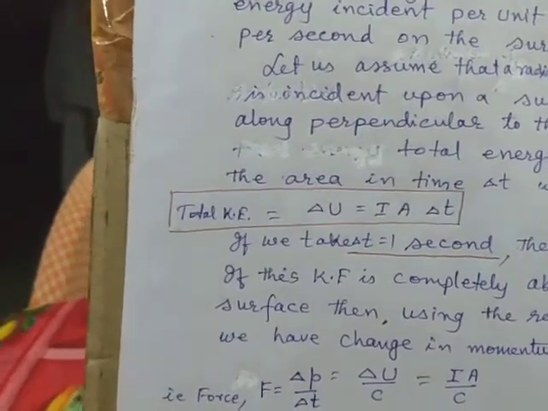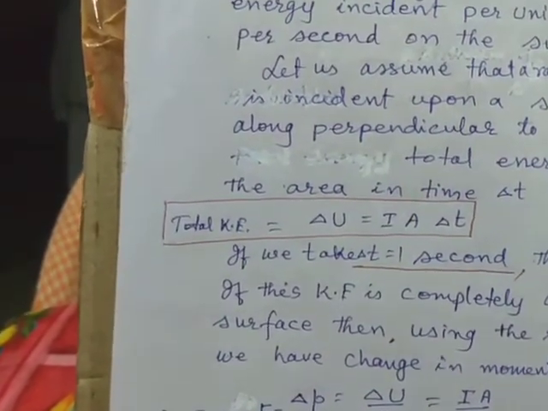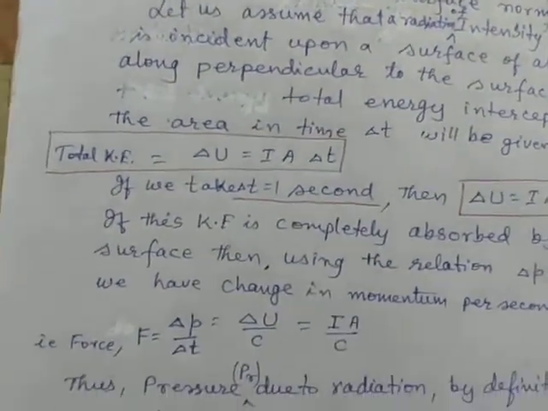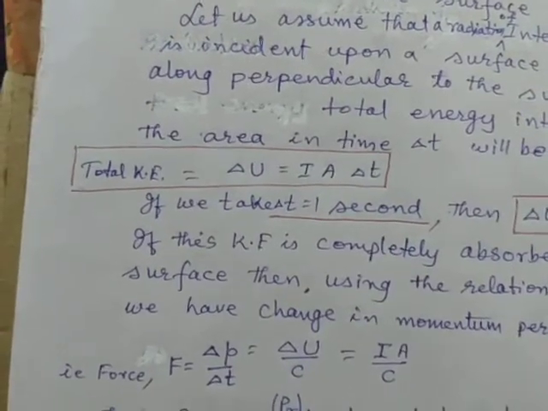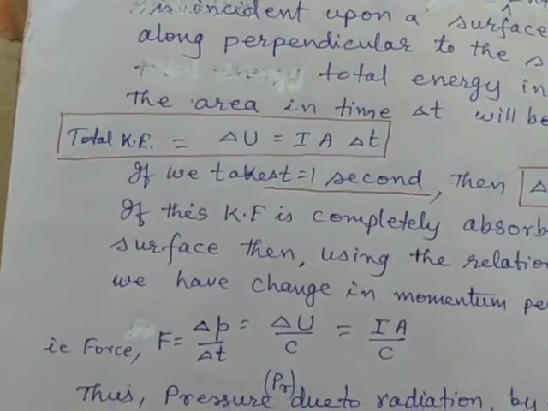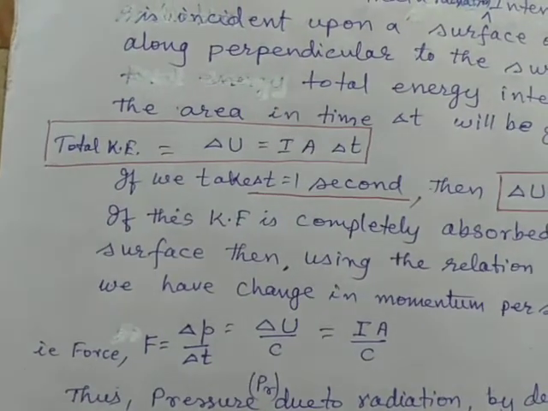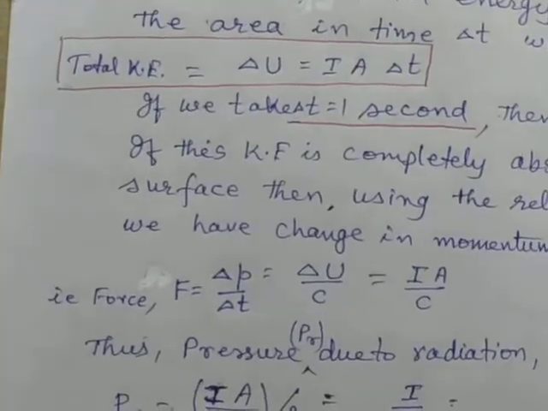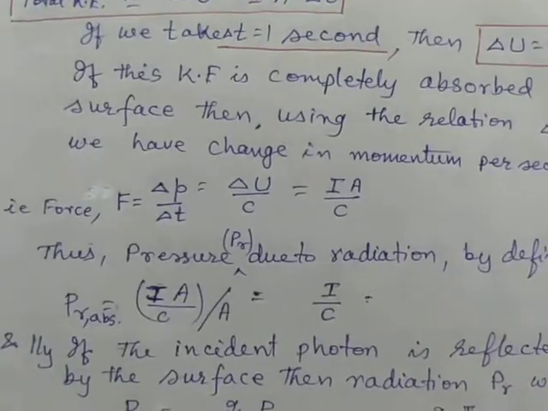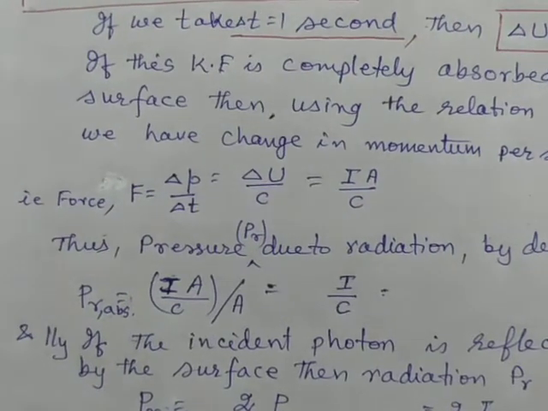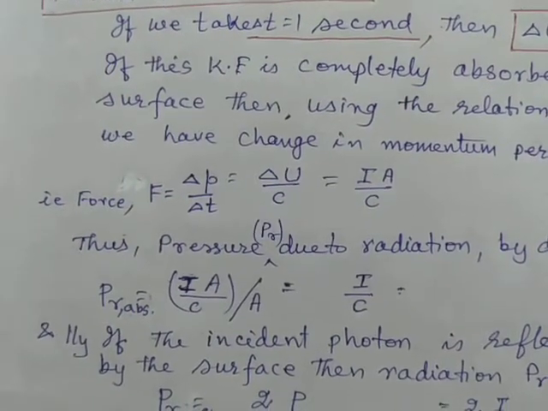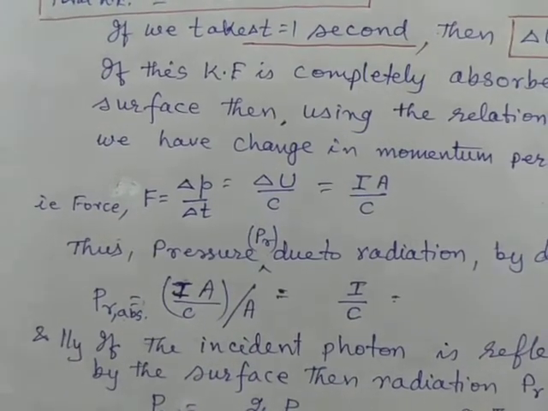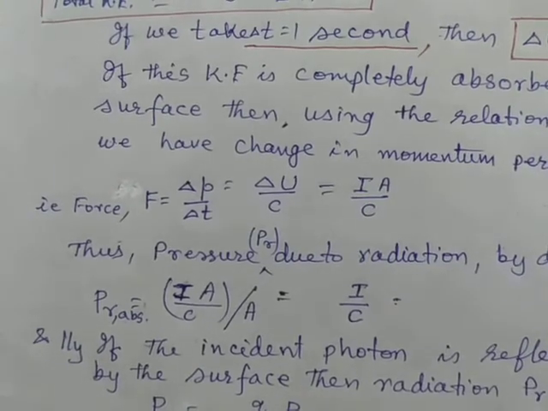Now for simplification, if we take delta t equal to 1 second, then delta U becomes equal to IA. And if this energy is completely absorbed by the surface, then using the relation delta P is equal to delta U by C, we have the rate of change in momentum per second, that is force, equal to delta P by delta T is equal to delta U by C, because here we are taking delta T equal to 1 second.